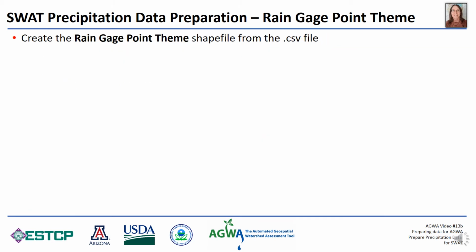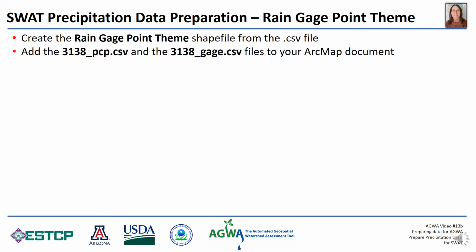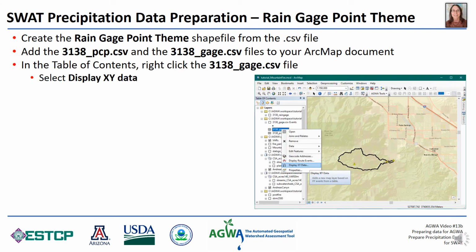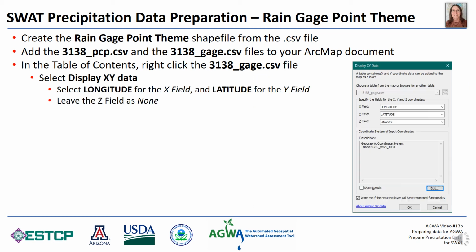Next, we'll create the rain gauge point theme from the CSV file. Add both the 3138_pcp.csv and the 3138_gauge.csv file to your ArcMap document. In the table of contents, right-click on the 3138_gauge.csv file. From the menu that appears, select Display XY Data.